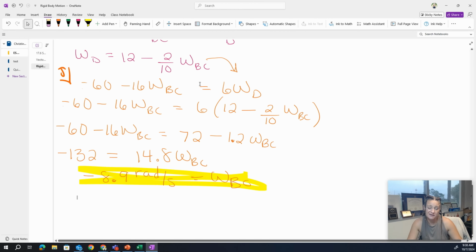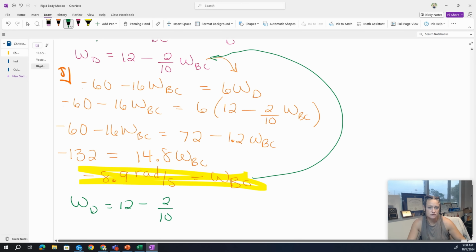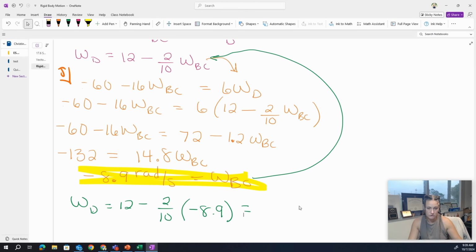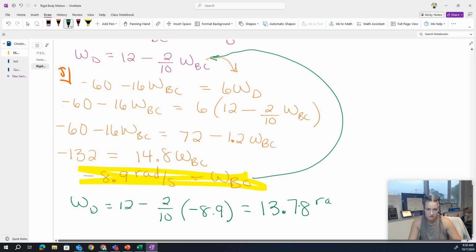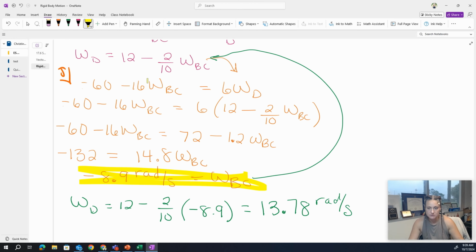I need omega D. So I'm going to back substitute this into here. I'm going to say omega D is equal to 12 minus 2/10 times -8.9, which is going to give me 13.78 radians per second.